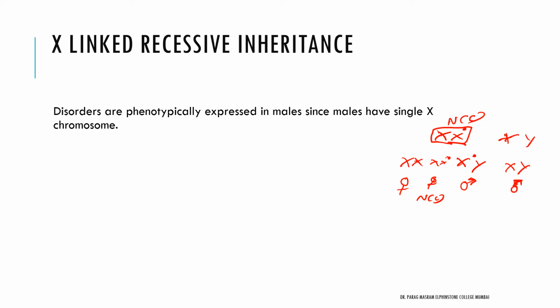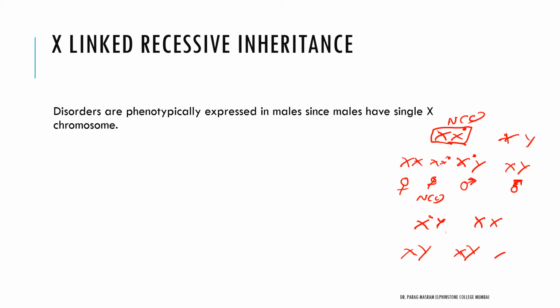Now, suppose this son mates with a normal female. All the sons will be normal because the male is going to give only the Y chromosome. So there's no effect on the male progeny.